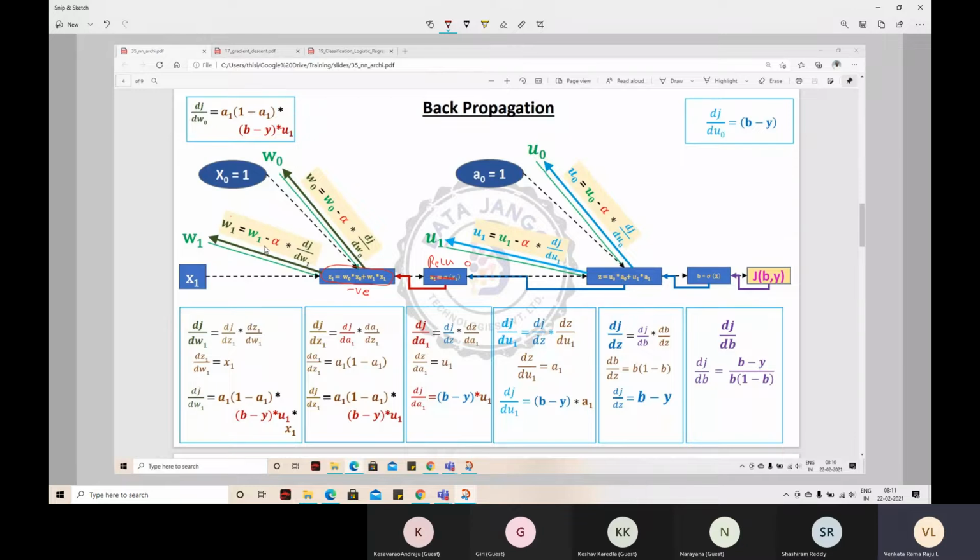Now we need to calculate this derivative. That derivative is calculated as dZ1 by dW1 into dA1 by dZ1, into dZ by dA1, into dB by dZ, into dJ by dB.